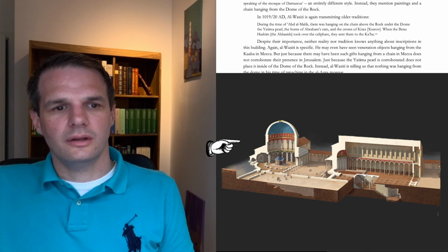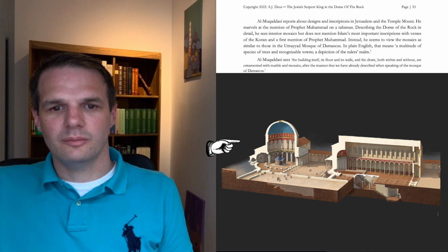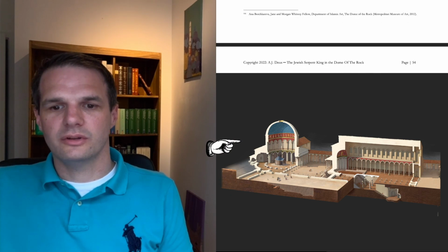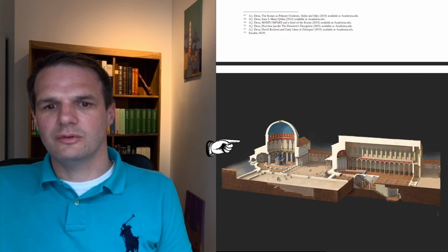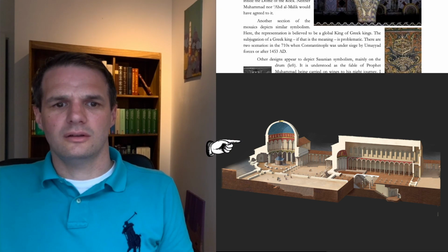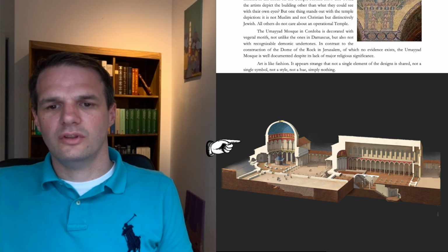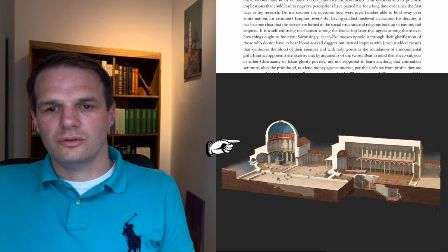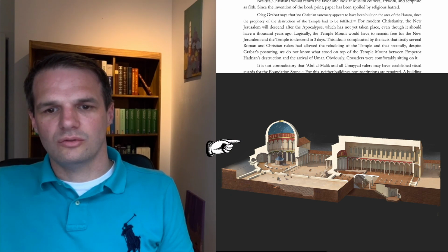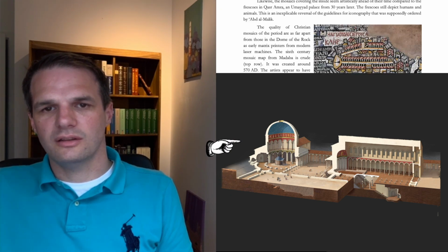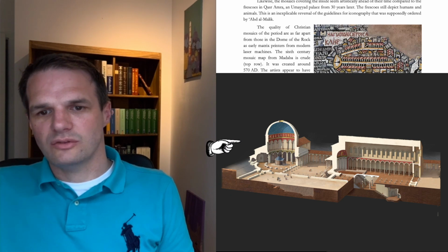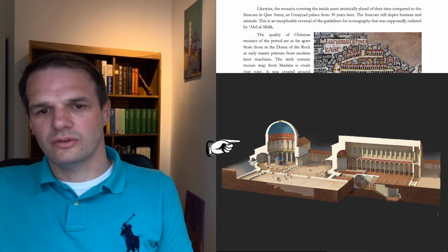Right now, here he goes into this Jewish serpent king bit. I already said I'm going to jump over it. So he finds lots of demonic imagery in the mosaics, and he argues that the quality is too high to have originated in the 7th century. Which again is of course bogus.